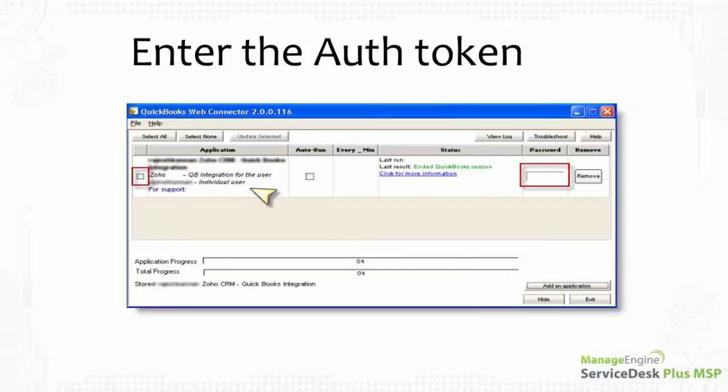Once you do that, at the top, the update selected option is to pop up. But before you go into this, I would request you to get the password which we generated while generating the QWC file and place it at the right-hand side under the password section. Okay? And once you place it and hit enter, it will add the application inside the tool.